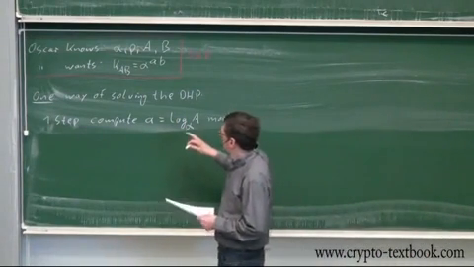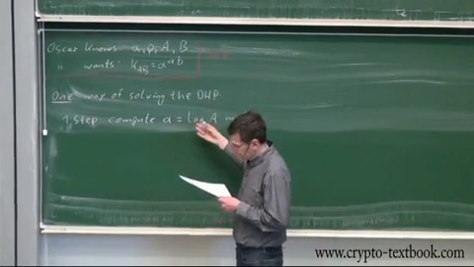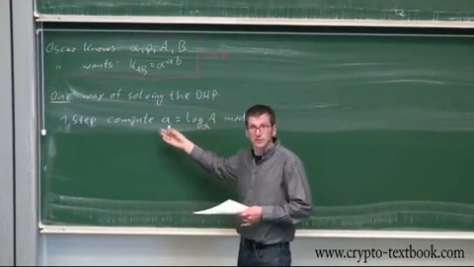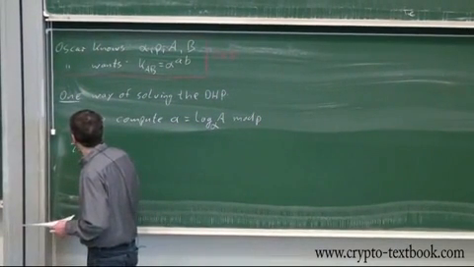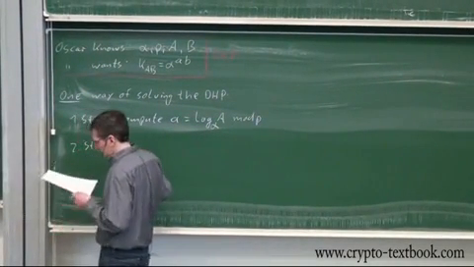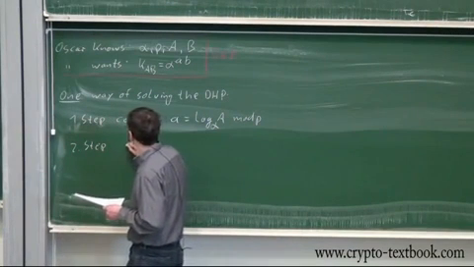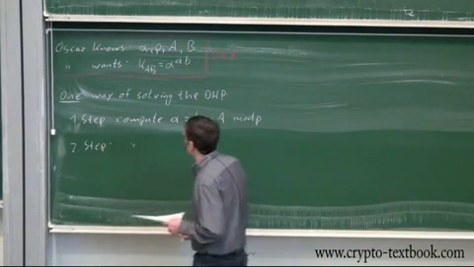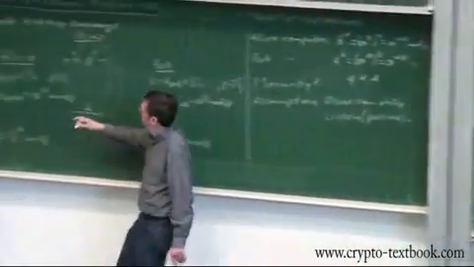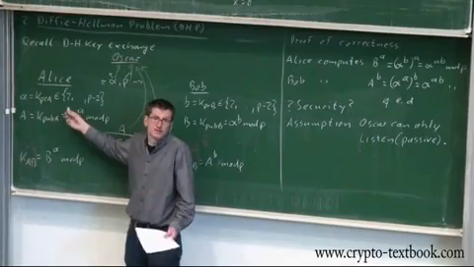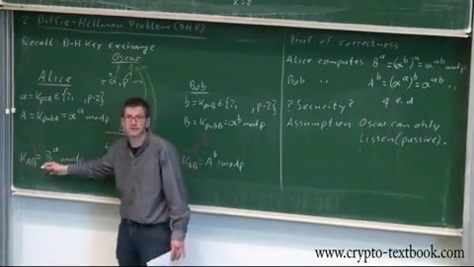But if you can compute a, it's great, because once you have the private key, Oscar computes, and now it's easy because he has the private key of Alice, so he knows everything that Alice knows, and he can do this step here.